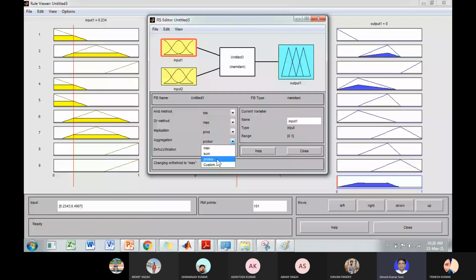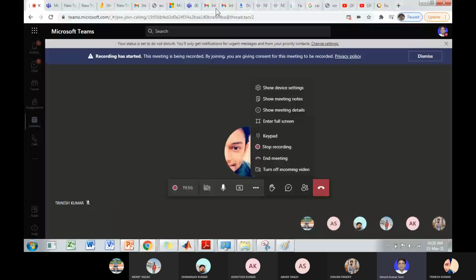Now the defuzzification methods here: centroid method, bisector method, mean of maximum, largest of maximum, smallest of maximum. A total of 5 methods are shown here, out of a number of methods discussed in different books.